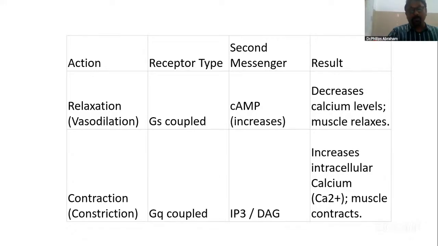That comes from the compound, as I said earlier, phospholipid, phosphatidylinositol.